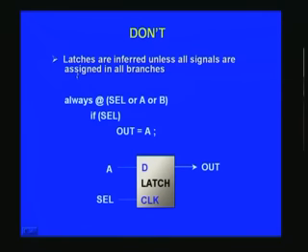And another thing that you should not do is omit that else. In the previous example we had an else here. If you omit that else, what happens? The tool will infer it as a latch. A latch is very detrimental because what is a latch? Basically you have A being applied to the D input, and so long as A is varying, the output also will just follow suit. It merely is transparent so long as the clock is 0.